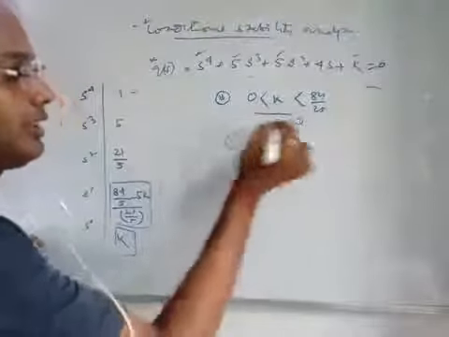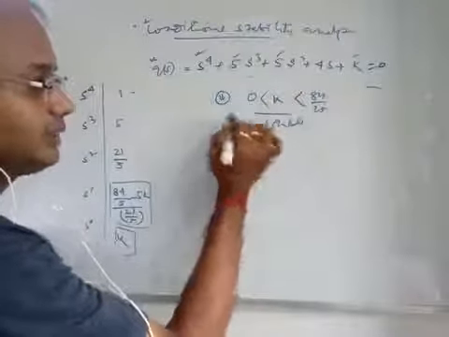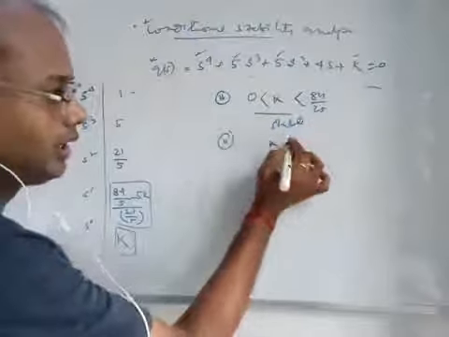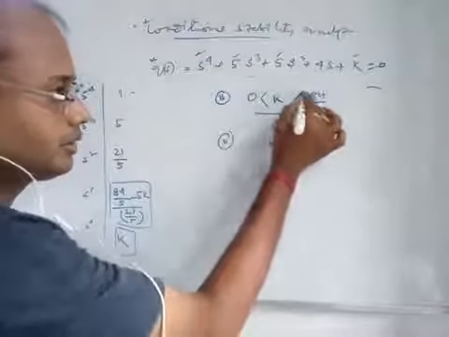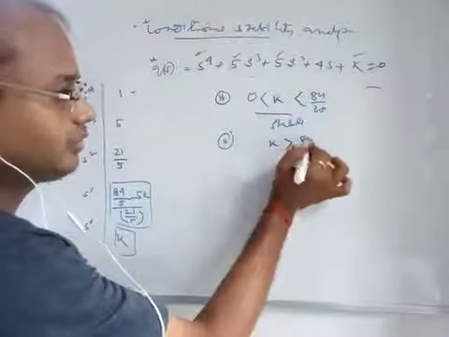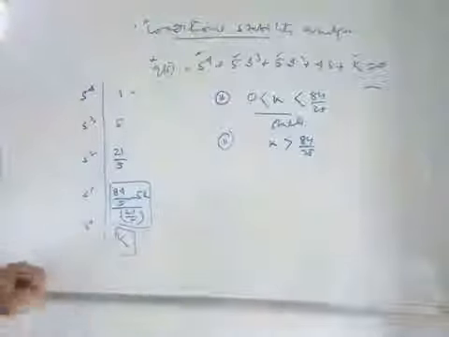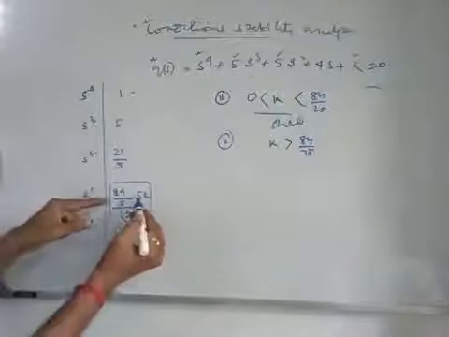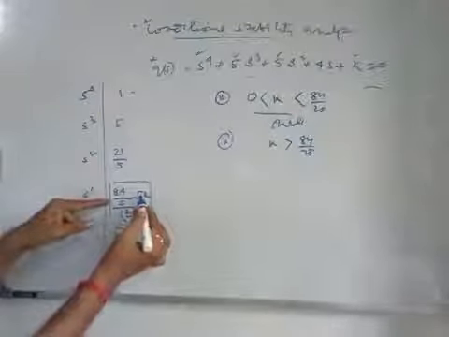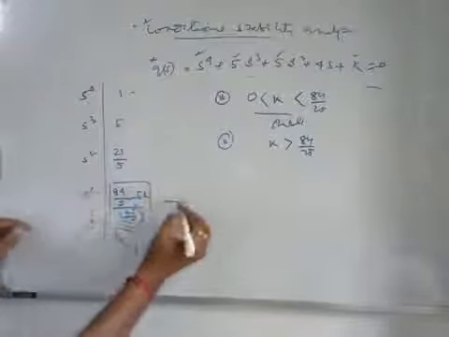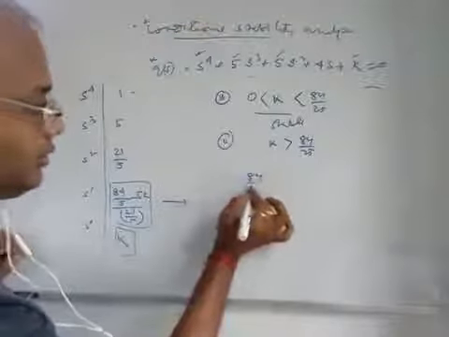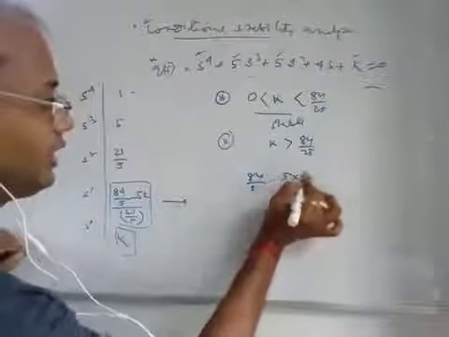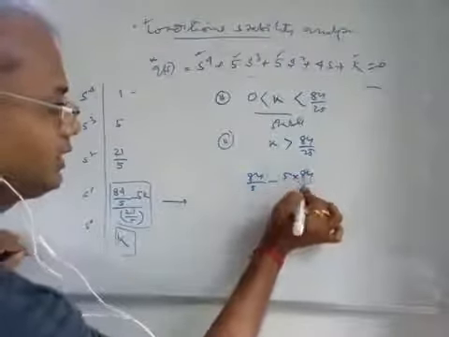So if k is greater than 84 by 25, what happens? Put it here: 84 by 5 minus 5 into 84 by 25.